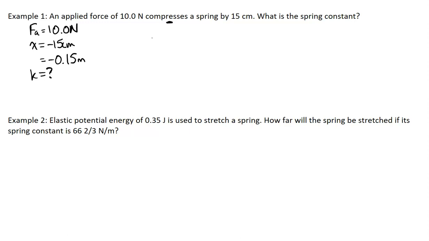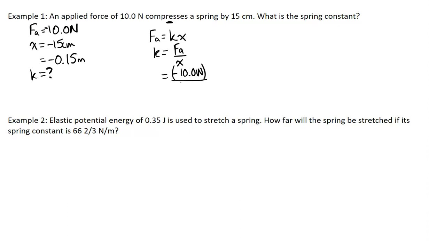And so we know that the applied force is equal to K times X. And if I sub these values in, it seems that that K would actually be a negative, but because it's compressing, that also means the applied force is negative. So K is always going to be a positive value. So in this particular case, we're going to sub these in, rearrange it to solve for K, and we're going to get the applied force divided by the X. The applied force is negative 10 newtons.